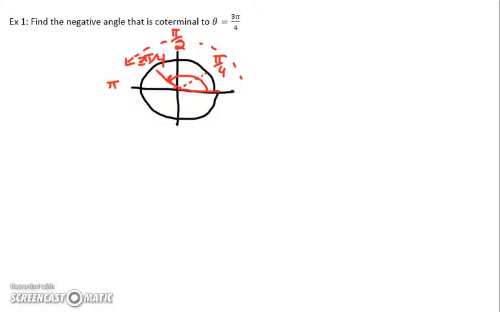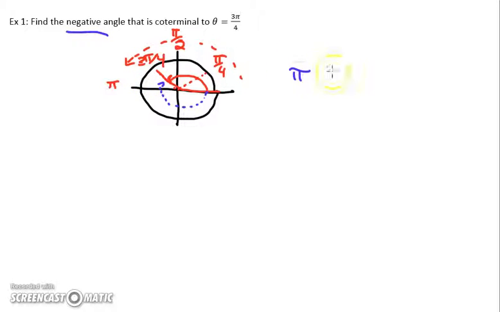To find the negative coterminal angle, we're going to need to start here, go all the way around, and then go to there. So if we go from here halfway around the circle, that's going to be a negative pi. And then we have to go halfway through this quadrant, so that's another pi over 4.